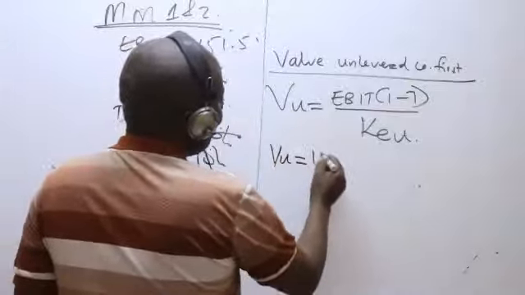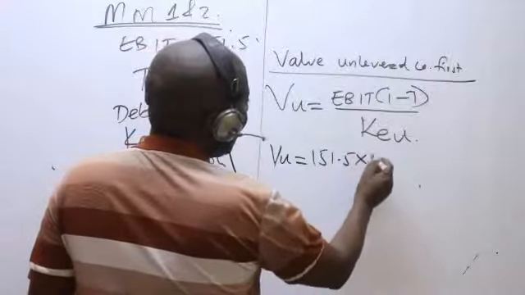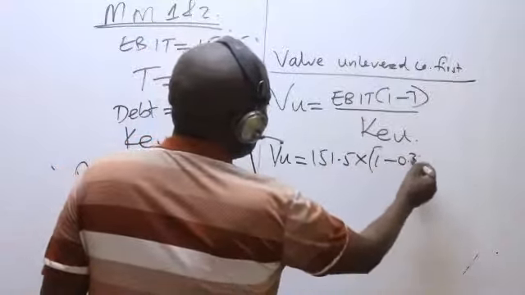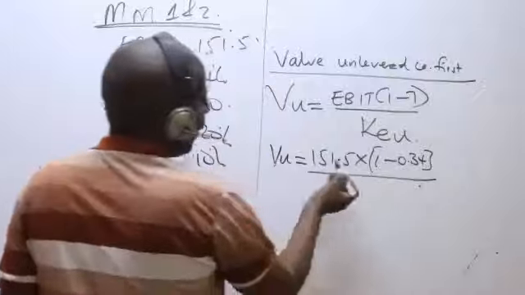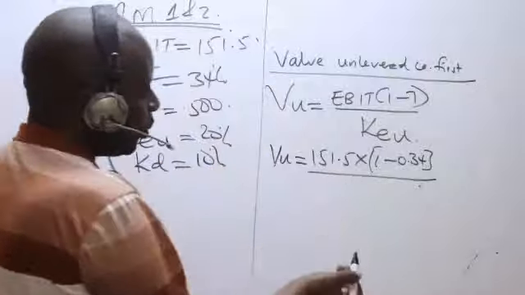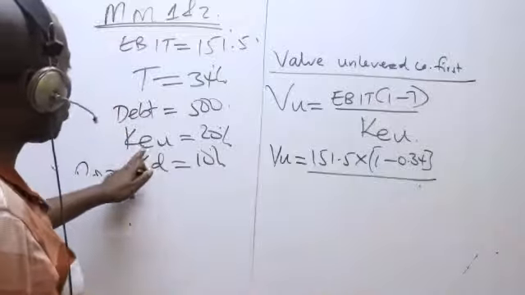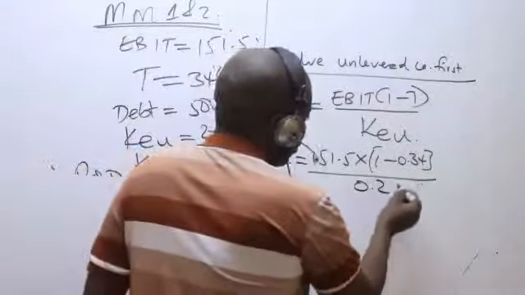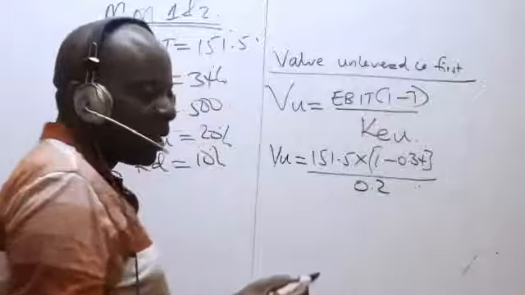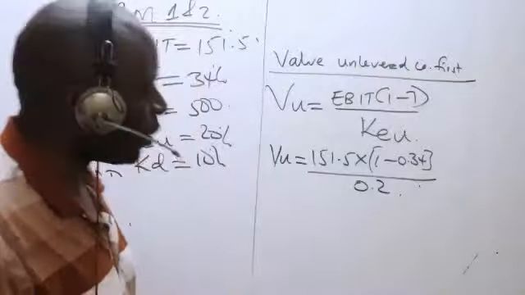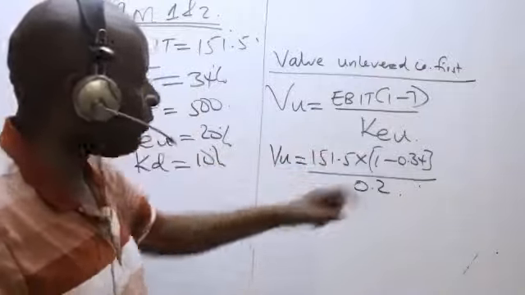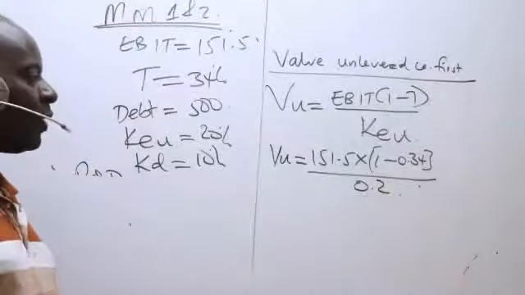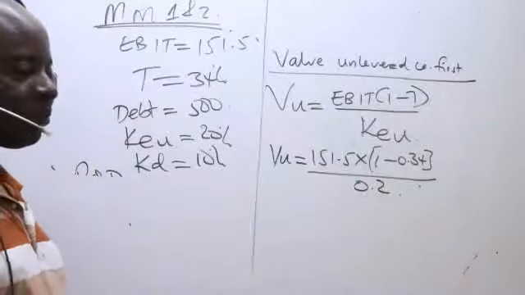EBIT is 151.5 times 1 minus tax of 0.34, all over Q. What is our Q here? Cost of equity of an unlevered firm is 0.2. So are you able now to give me the value of the unlevered firm?